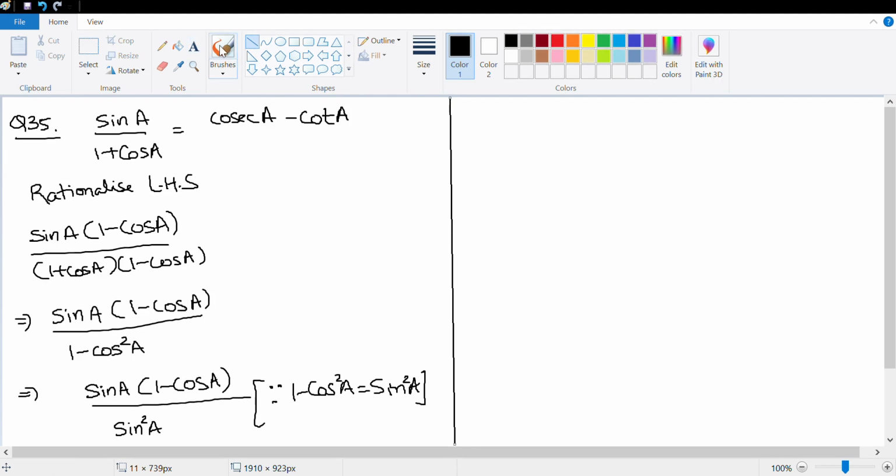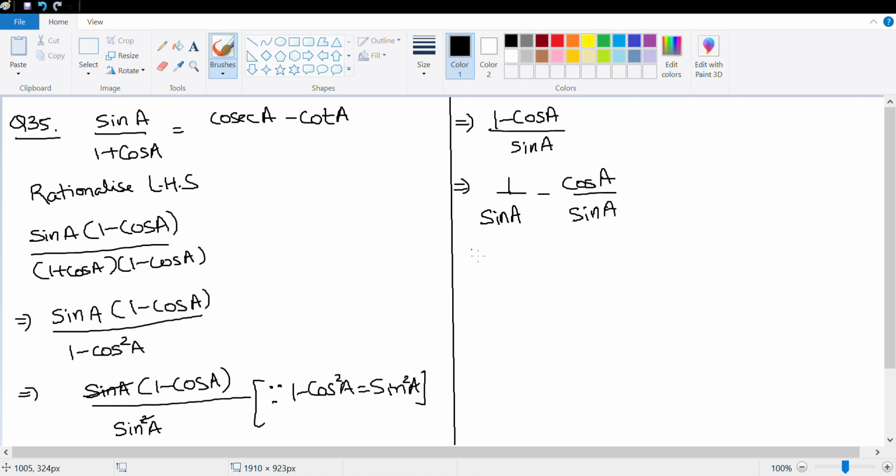Once I've got this, I can cut one sin A and the second power of sin A. So what I have is 1 minus cos A upon sin A. Let's separate these terms. So this would be 1 upon sin A minus cos A upon sin A. 1 upon sin A is nothing but cosec A, and cos A upon sin A is nothing but cot A. Now we'll write the reason.